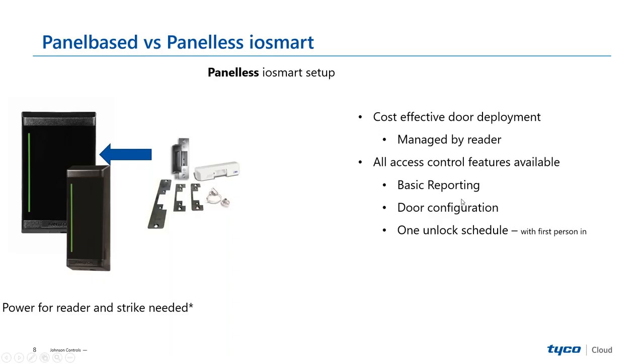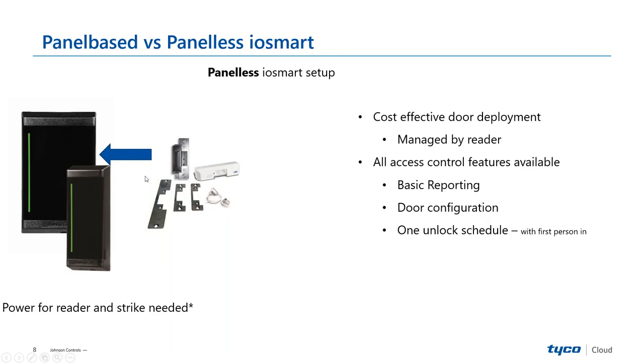Yes. So now a panel-less reader, the same physical reader you had before, can be deployed without an access controller. The door contact, the strike, and the REX all get wired behind the ioSmart reader. You still need power for your strike and the reader, obviously, so you've got to pull power for that, but that can be locally managed.